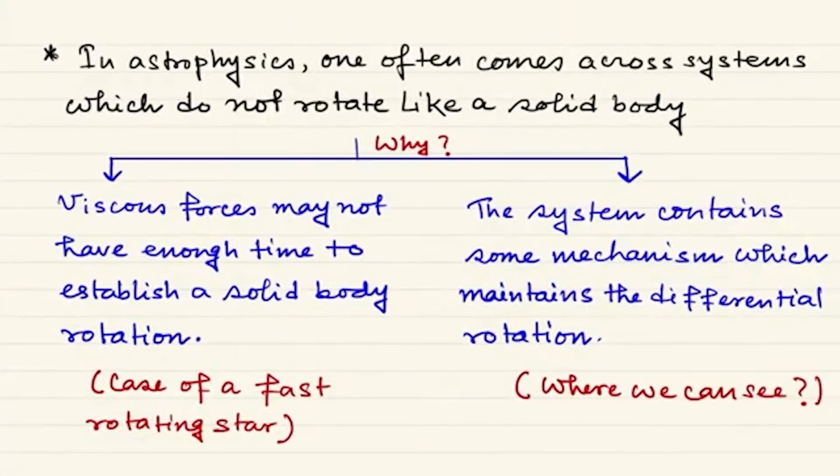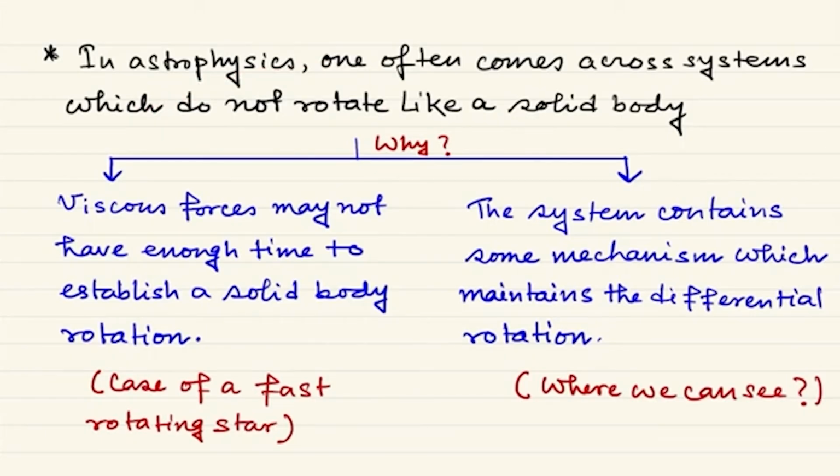So in astrophysics, if by some direct or indirect observation we gather evidence that some systems do not rotate like a solid body, then what can be the possible explanation for that?